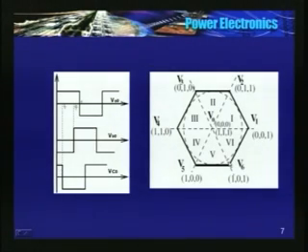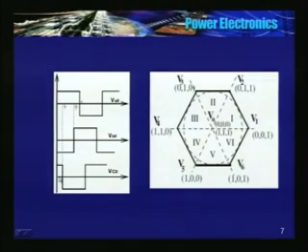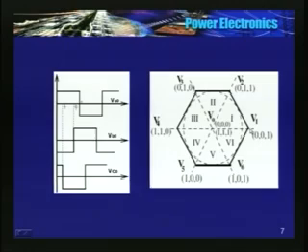We are here. After 60 degrees, when I turn off the upper device of C phase, immediately our space vector jumps here. When after 60 degrees B phase is turned on, the space vector jumps here. So one cycle is completed after 360 degrees.